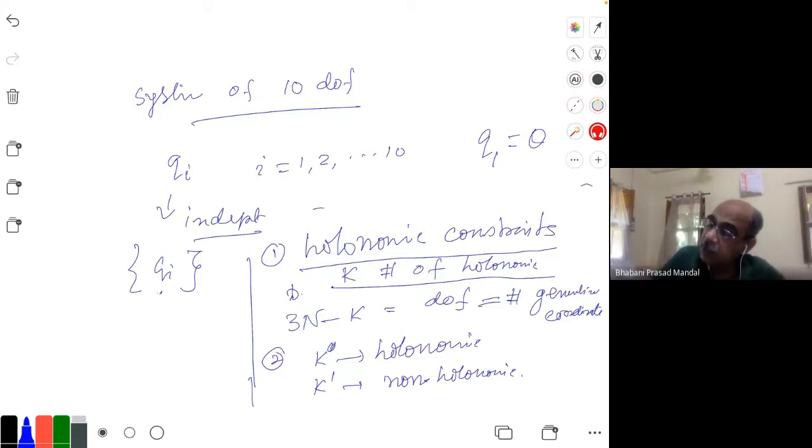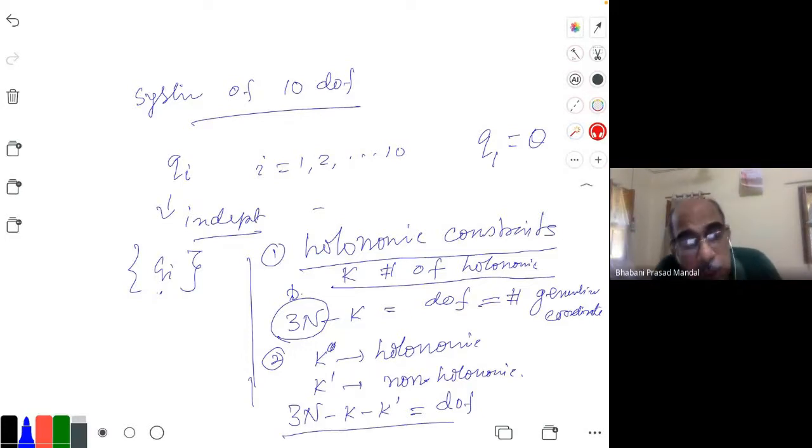Again suppose there are n particles in 3-dimensional space, so the total degrees of freedom when they are free is 3n.